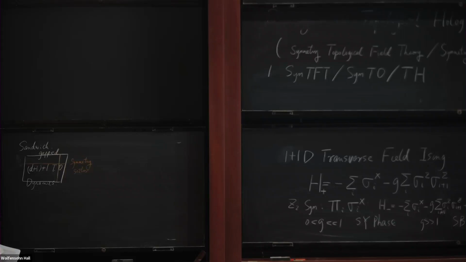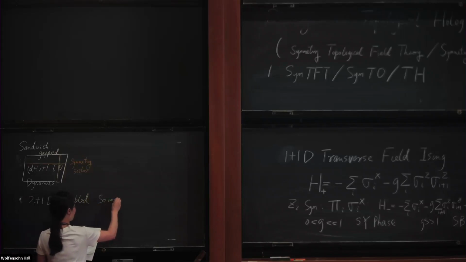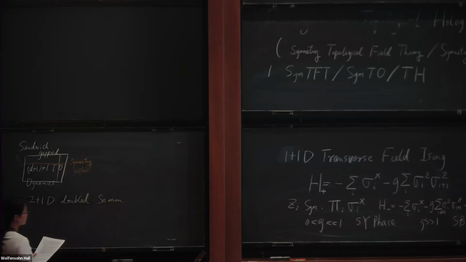For example, if the bulk is 2 plus 1D double semion. If the bulk is 2 plus 1D double semion, it's a legitimate 2 plus 1D topological order.